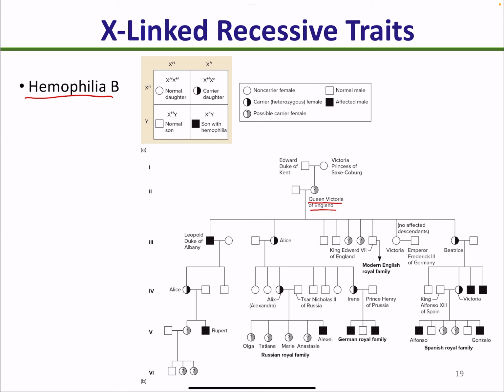So Queen Victoria had a number of children, including Leopold, Duke of Albany, Alice, and many other kids here. But I'm not going to go into those. The one I'm going to address here is Alice.